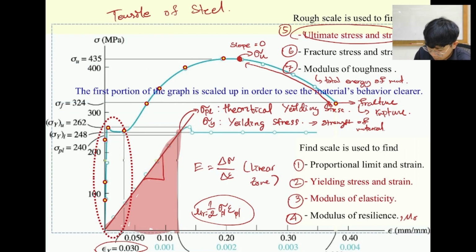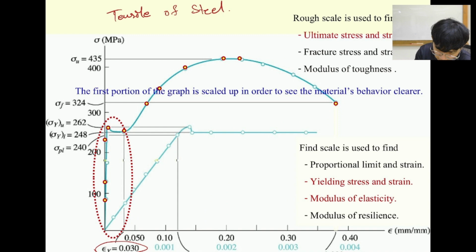Which means if we would like to find the modulus of toughness, I'm going to delete this first. Just delete it. I'm going to calculate by using this point, which is the strain at failure, and then the yielding point over here.